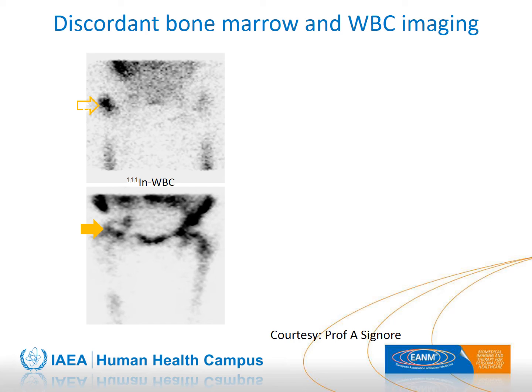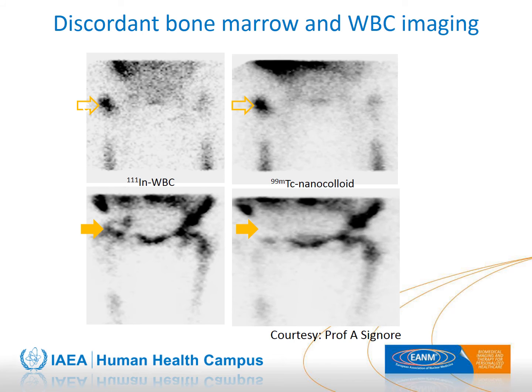WBC imaging is often followed by bone marrow imaging because WBCs accumulate not only in areas of infection and inflammation, but also in areas of regenerating bone marrow. It is important to look for concordance or discordance between the labeled white cell images and the nanocolloid images, which show the accumulation within the bone marrow.